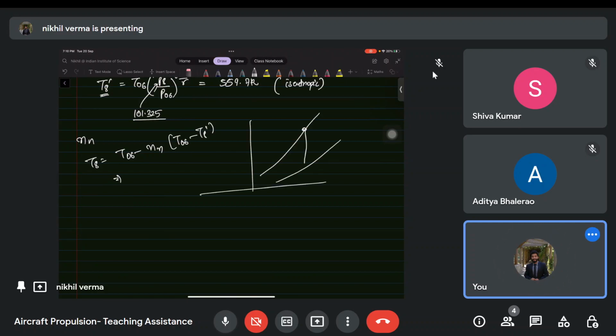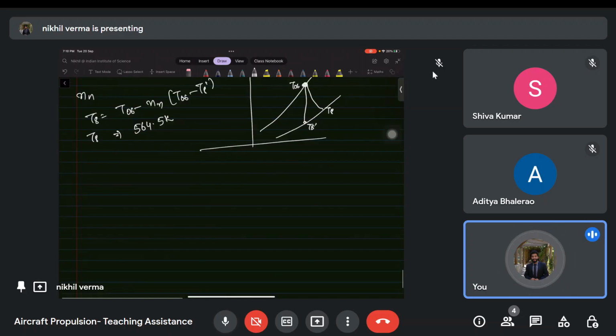Since we are expanding it, this is T8 dash, this is T naught 6, this is T8. So using the efficiency of the nozzle equation, you'll get this T8. So T8, if you calculate, this is 564.5 Kelvin.